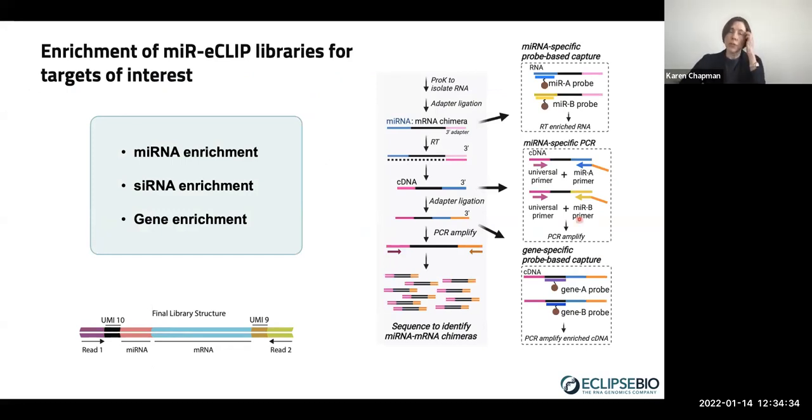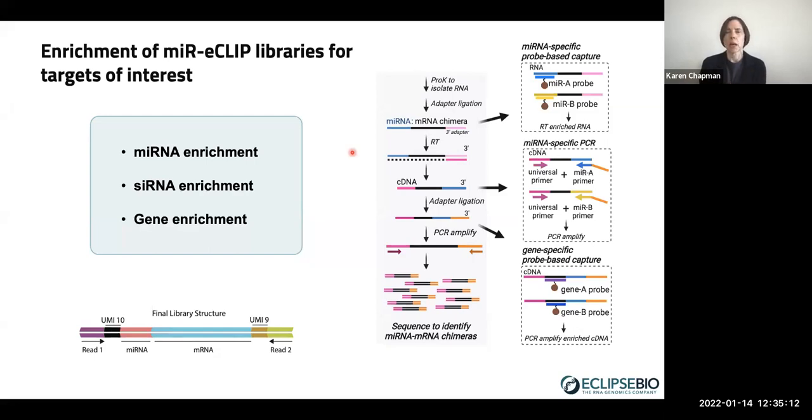So we've developed a couple of different variations on the theme of this miR-eCLIP technology that really allows you to look very deeply at either a particular microRNA of interest or a particular mRNA transcript. Maybe I should back up for a moment and say that, as many of you are probably aware, transcriptome-wide experiments of any nature tend to profile the most abundant transcripts the best.